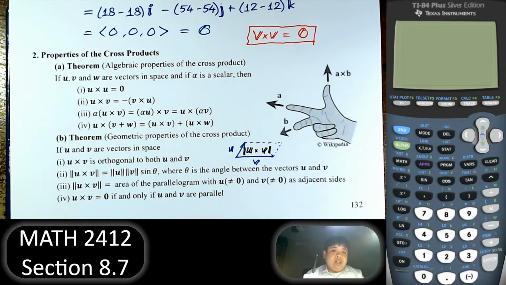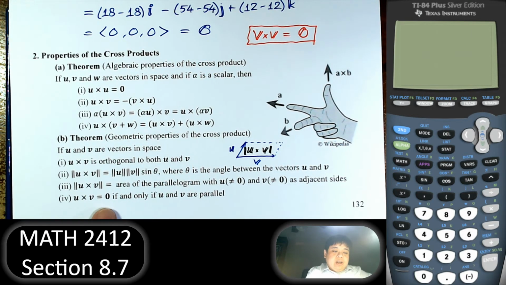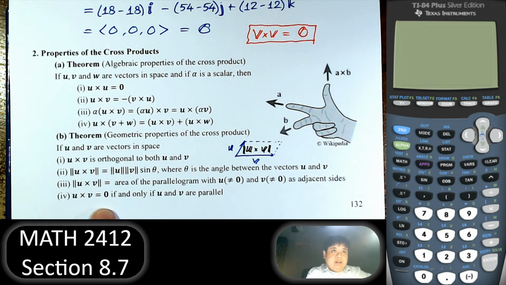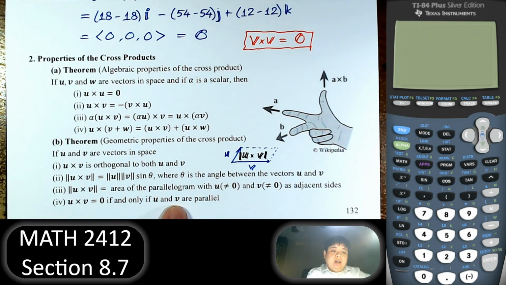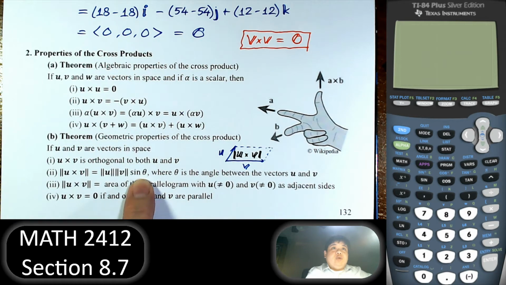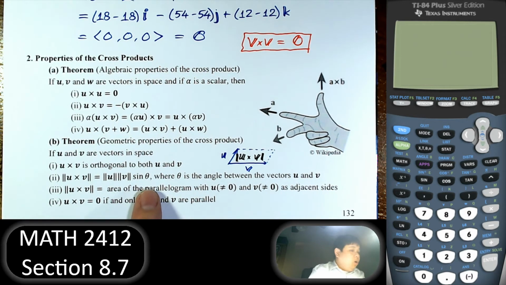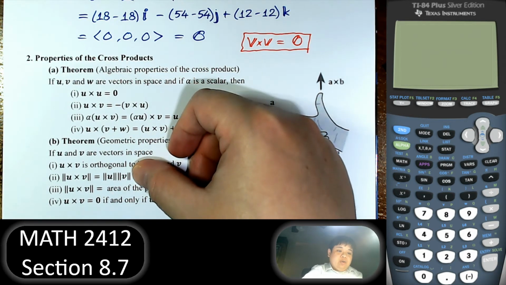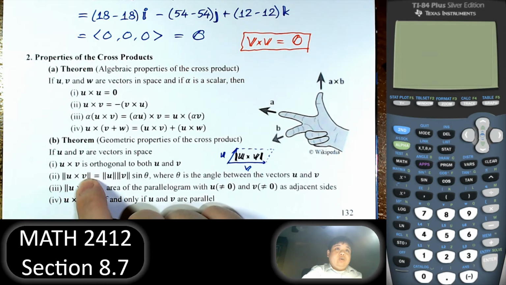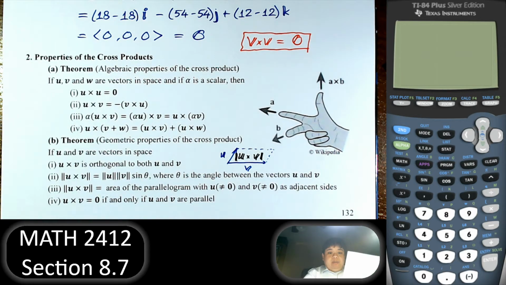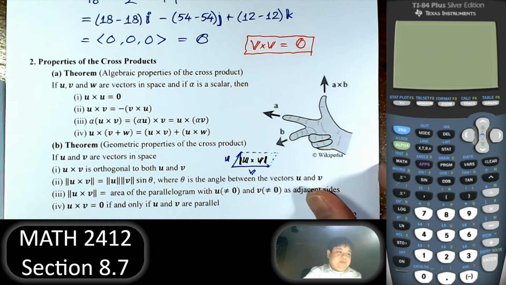We only want magnitude, so that's why we put the magnitude. And u cross v is equal to the 0 vector if and only if they are parallel. If the angle between them is 0 or 180 degrees, sine of 0 or 180 degrees is 0. So if sine is 0, the magnitude is 0, therefore it has to be a 0 vector.